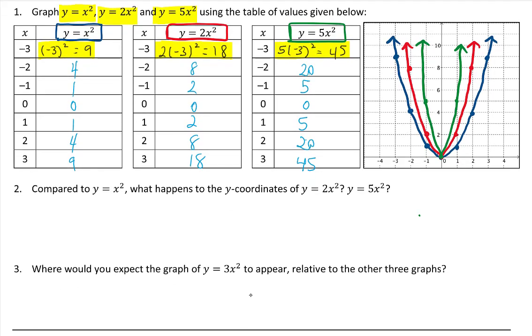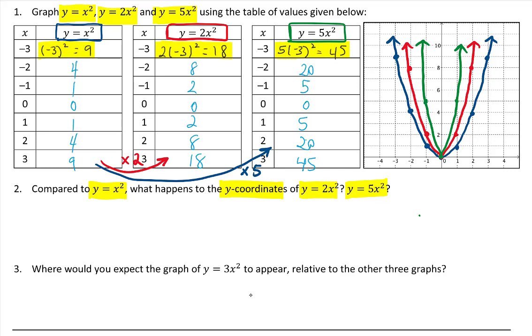Compared to y equals x squared, what happens to the y coordinates of y equals 2x squared and y equals 5x squared? If we compare the y values of y equals x squared and y equals 2x squared, we see that all the y values are 2 times greater. Similarly, if we compare y equals x squared to y equals 5x squared, we see that all the y values are 5 times greater.